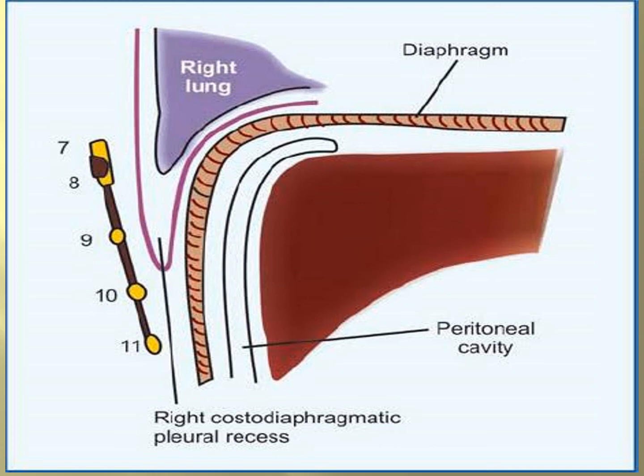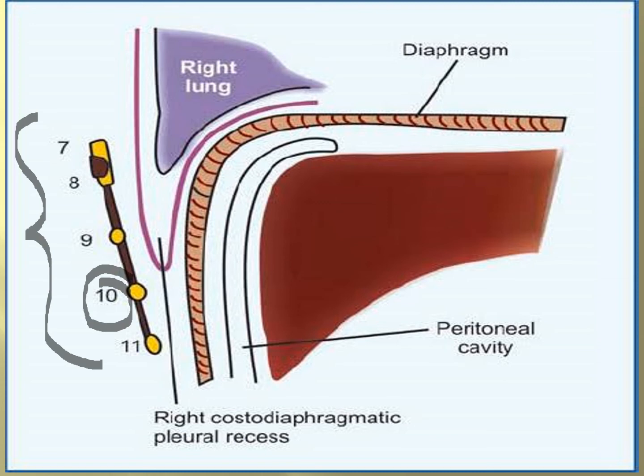It is related to the diaphragm from the 7th to 11th ribs in the mid-axillary line, which is very clearly shown here. Now what you have to understand is the different levels. It is separated by the diaphragm from the pleura up to the 10th rib, as you can see, with the right postdiaphragmatic pleural recess, and this is the diaphragm.